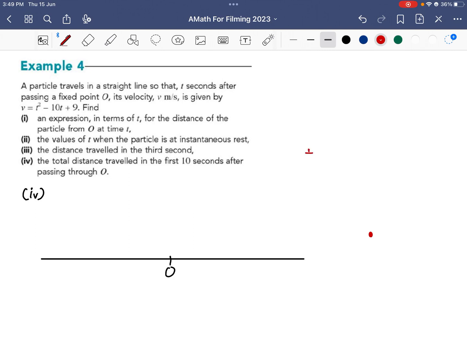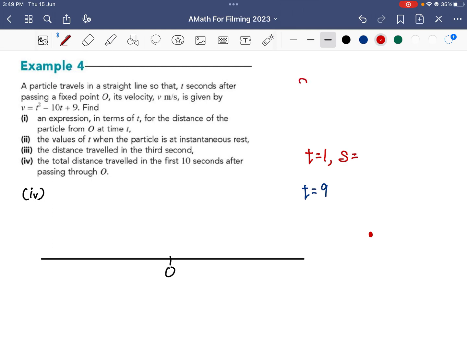So what we need to do is, the critical junctures for us are t equals to 1 and t equals to 9, because these are where the instantaneous rest occurs and the particle U-turns.